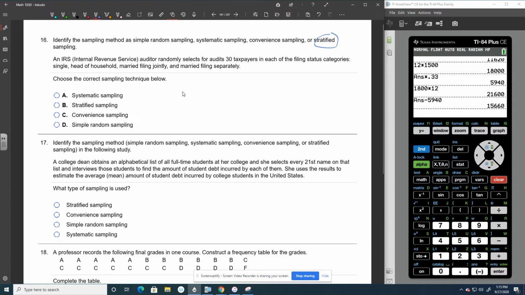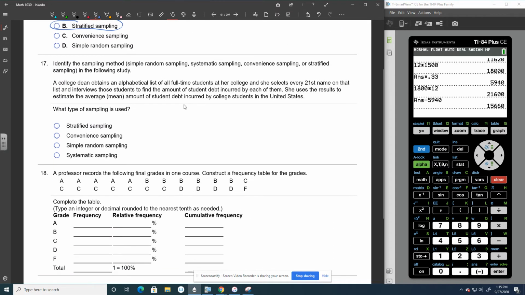I circled it already. Stratified is where they look at a sample from all the different groups. They break down the big population into subpopulations, and they look at each one of those.